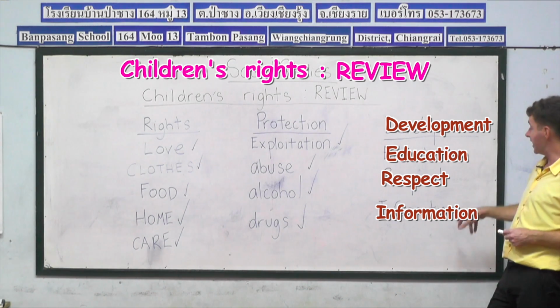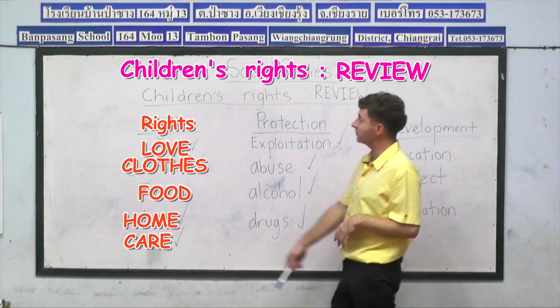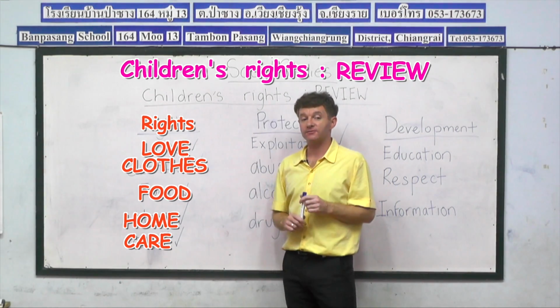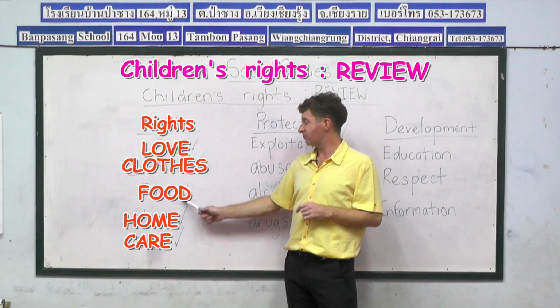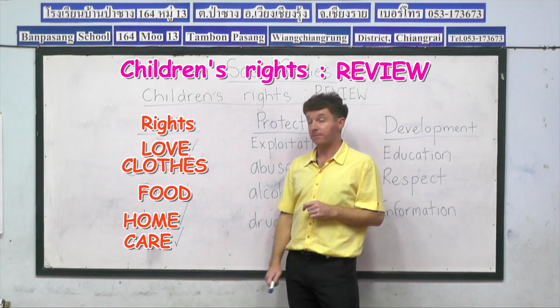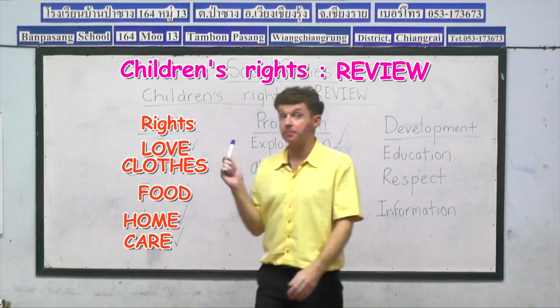Yes. So 3 great ways that we can allow our children to have development: education, respect, information. Excellent, guys. So one final time all together: children's rights, love, clothes, food, home, and care. There are others, but these are some very important ones.